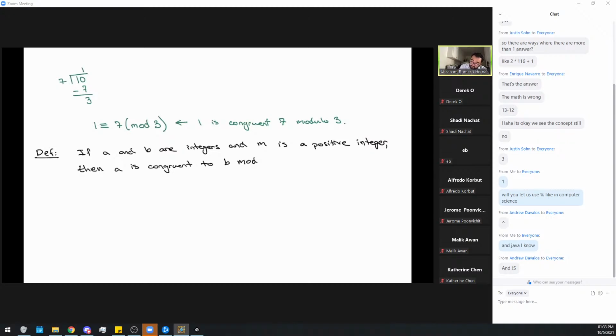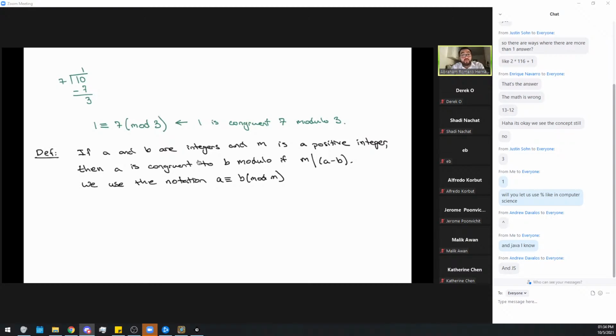If M divides the quantity A minus B, we use the notation A is congruent to B mod M. So notice I'm not saying the word equals because it's not an equal sign, okay? It has three things.